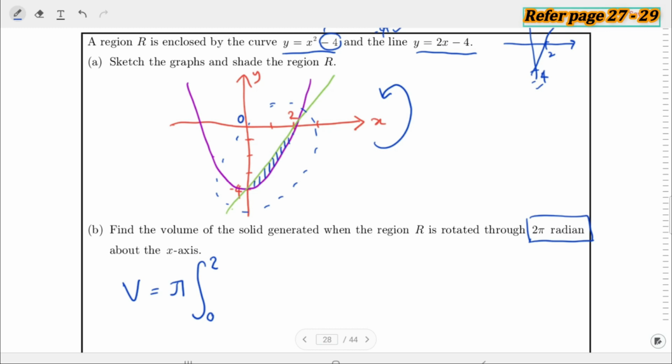Which one is far from the x-axis? The purple one, which is the quadratic. So (x squared minus 4) squared, minus the one nearer to the x-axis, the green one, which is linear: (2x minus 4) squared dx.